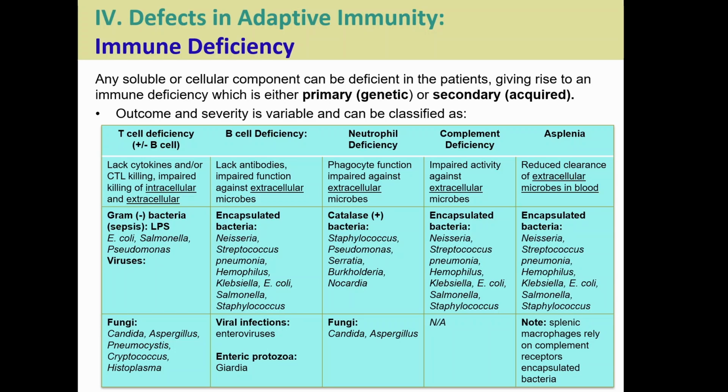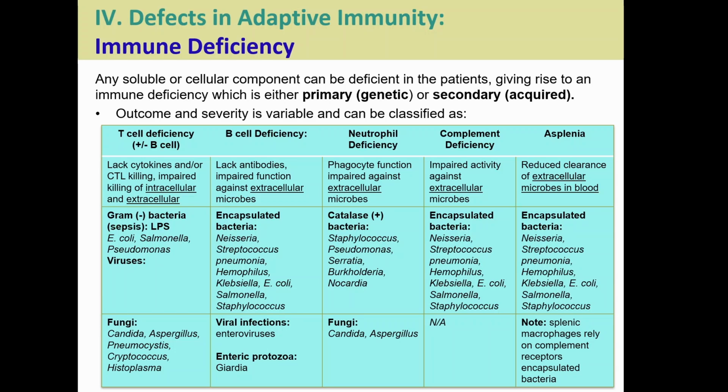You're not able to moderate the immune response, and you're not able to get those cytotoxic T cells to kill off cells that are already infected. And so this will put someone at risk. Any of these would put somebody at risk, but T cell deficiency specifically would put people at risk of gram-negative bacteria, viruses, and several fungi.